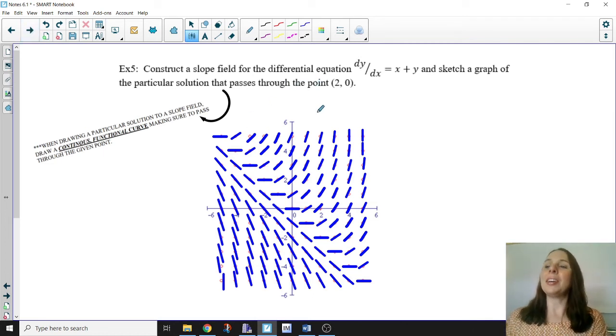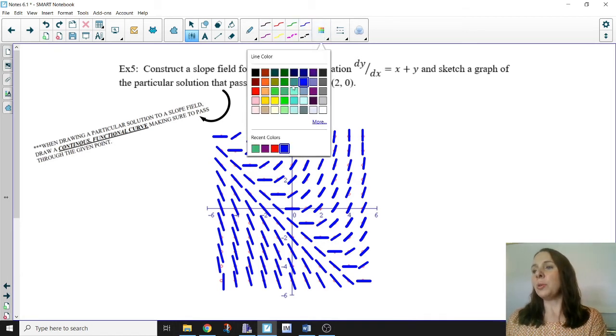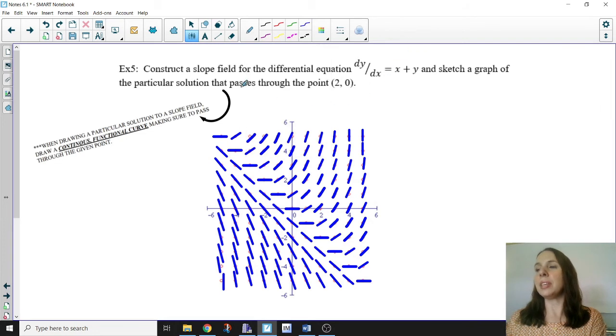All right, finally, when your slope field is done, you sometimes will need to draw in a particular solution. This one says to sketch the graph of the particular solution that passes through the point (2, 0). So what you definitely want to do is find the point (2, 0), and you want your curve to go through that point.